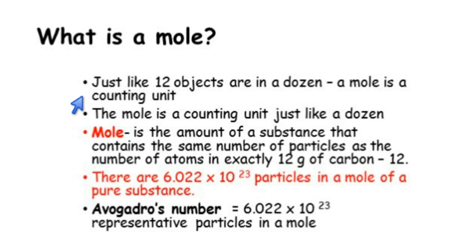So just like 12 objects are in a dozen, a mole is a counting unit. A mole is the amount of substance that contains the same number of particles as the number of atoms in 12 grams of carbon. So that's Avogadro's number: there are 6.022 times 10 to the 23rd particles in a mole of a substance. 1 mole equals that many particles, just like 1 dozen equals 12 particles.